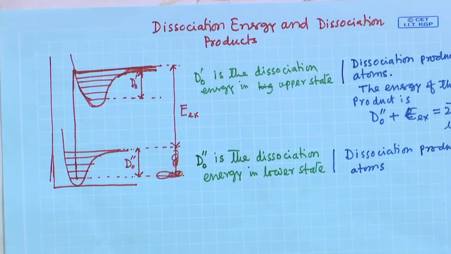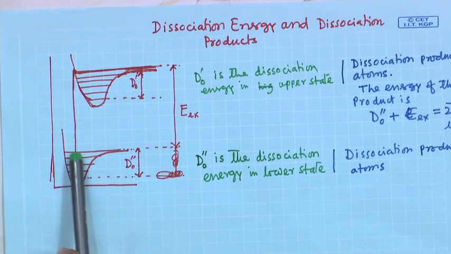It will no longer be a molecule. The molecule will break and we will get the dissociation product, that basically is the individual atoms.